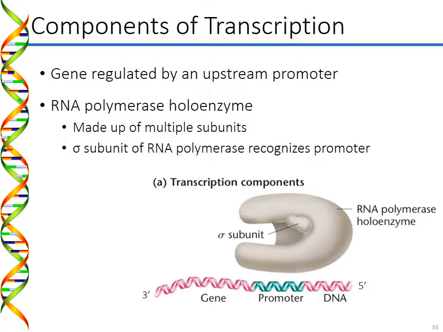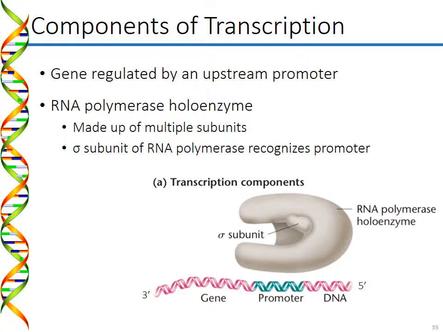As I mentioned earlier on the nucleic acid feature slide, the gene that is to be expressed, its transcription is regulated by an upstream promoter. Of course, upstream meaning 5' to the gene.